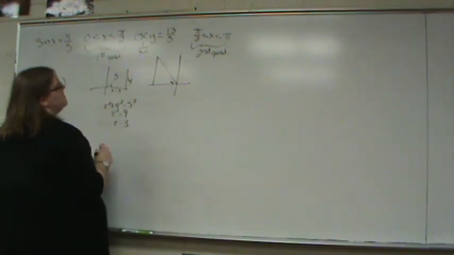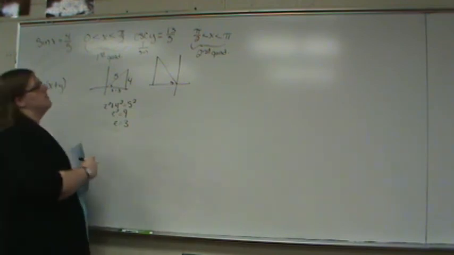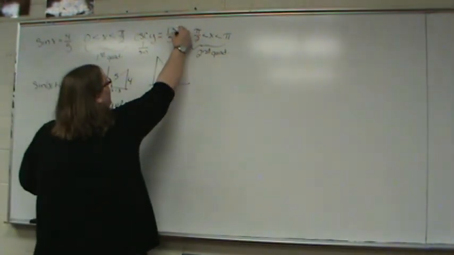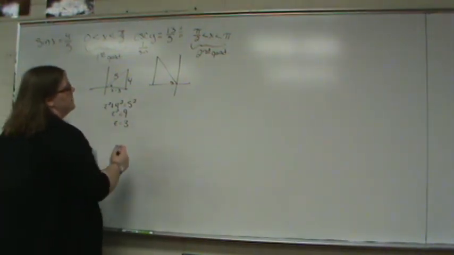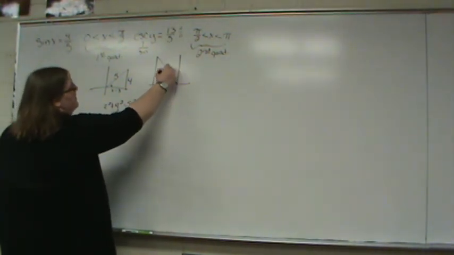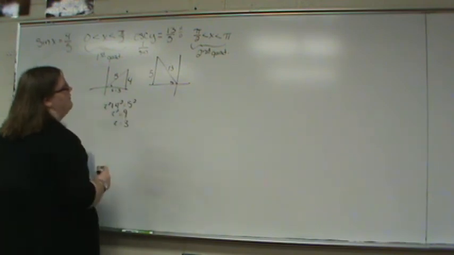So what was our definition for sine? Opposite over hypotenuse. So if cosecant is the opposite of that, what is it? Hypotenuse over opposite. So when we label our triangle, our hypotenuse is 13, our opposite side is 5.